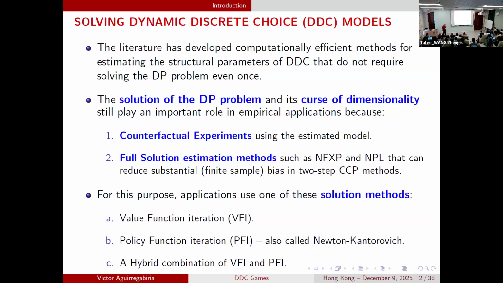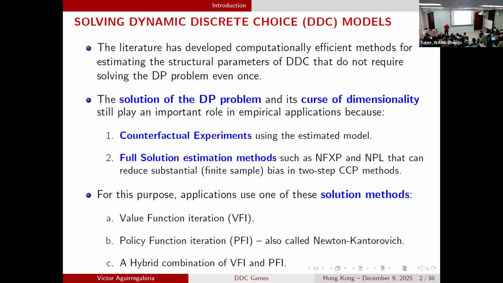motivated. Now, still, we can be interested in the solution of these types of models and in using computationally efficient algorithms for the solution of dynamic programming problems, at least for two reasons. The first reason is that we use structural models to answer counterfactual questions.